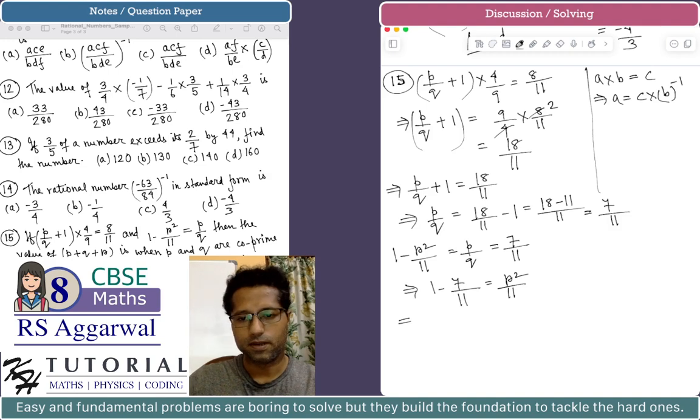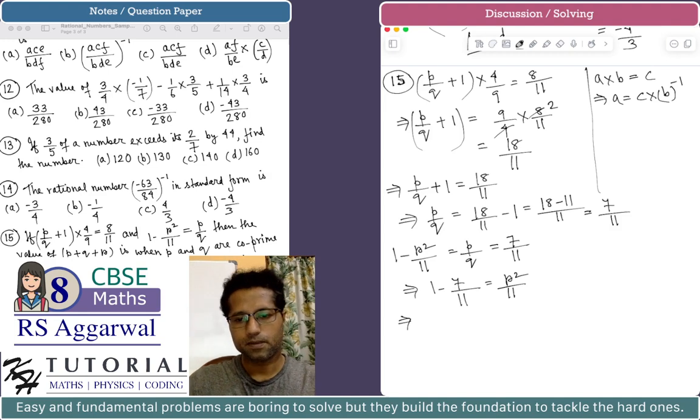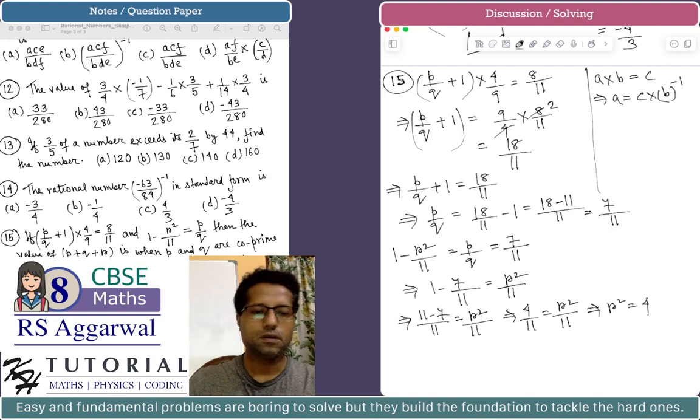This implies, if I simplify the left hand side, that is 1 minus 7 by 11, it is 11 minus 7 by 11 equals R square by 11. This implies 4 by 11 is equal to R square by 11. This implies R square is equal to 4.